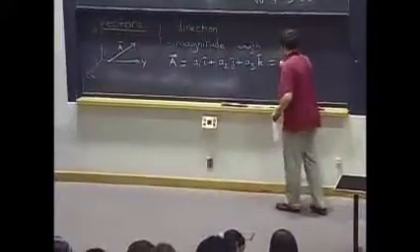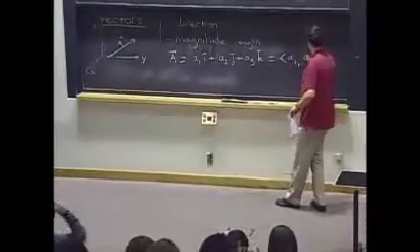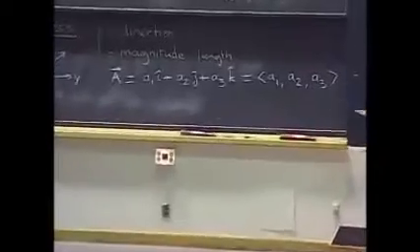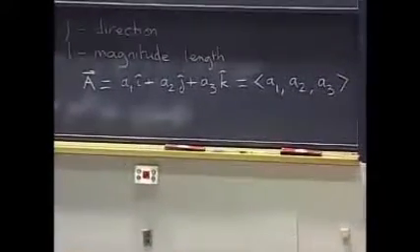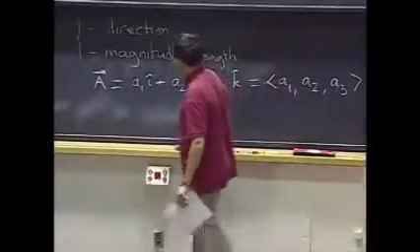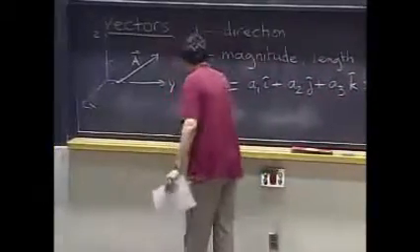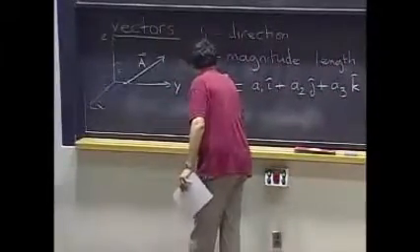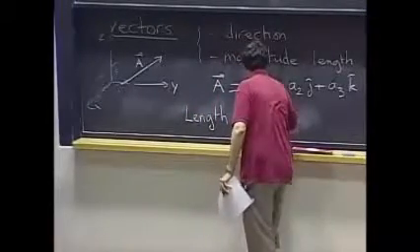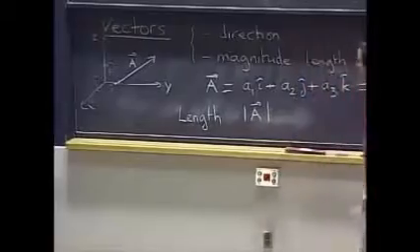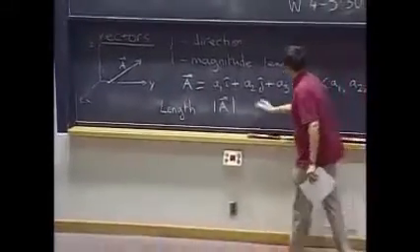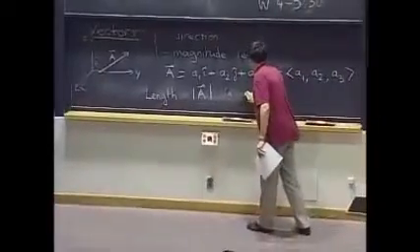The other notation is a1, a2, a3 between these angular brackets. The length of a vector we denote by the same notation as the absolute value. That's going to be a number, or as we say, a scalar quantity.